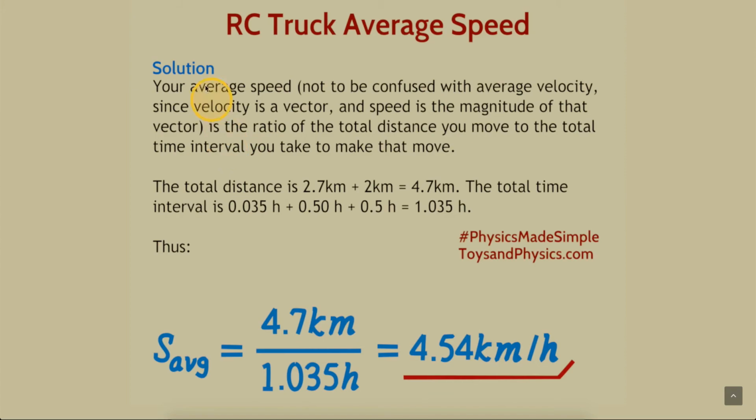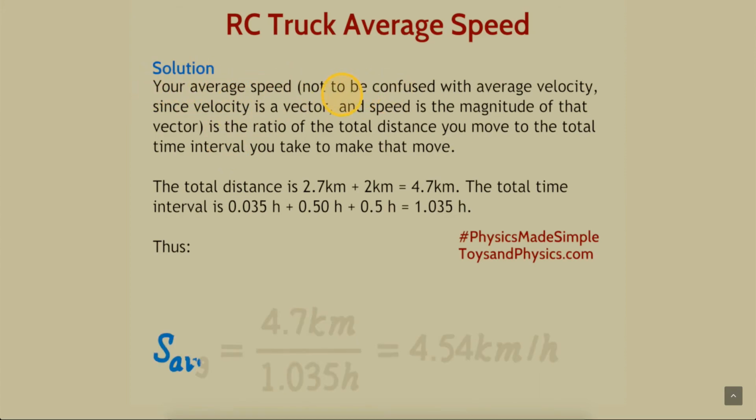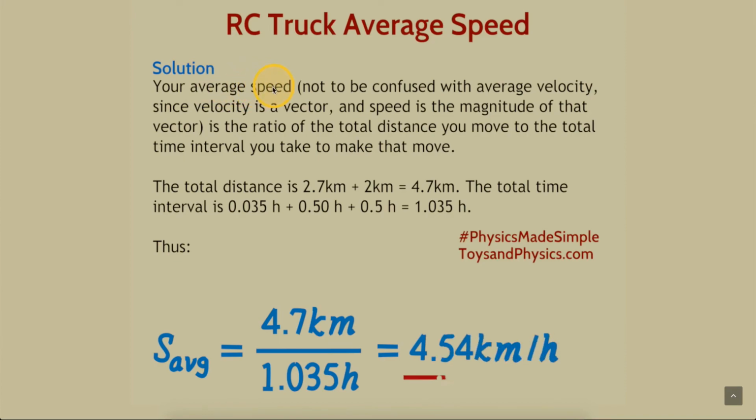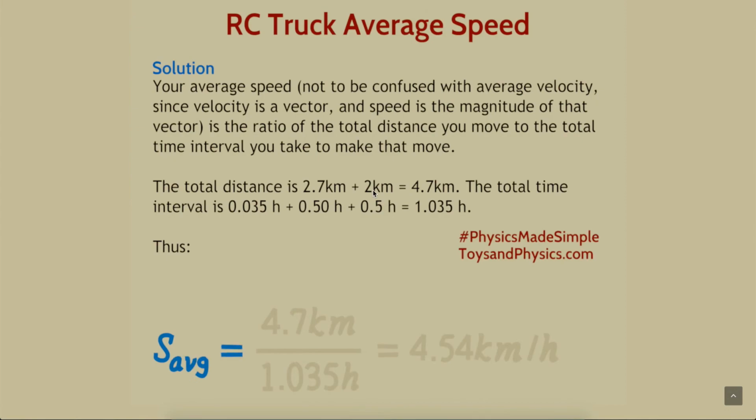Okay, so your average speed is the ratio of the total distance you moved to the total time interval you take to make that movement. The total distance would be 2.7 kilometers, because we already know that's what you went since you started driving until you got to the hobby store, plus 2 kilometers because you walk back to the RC truck, right?